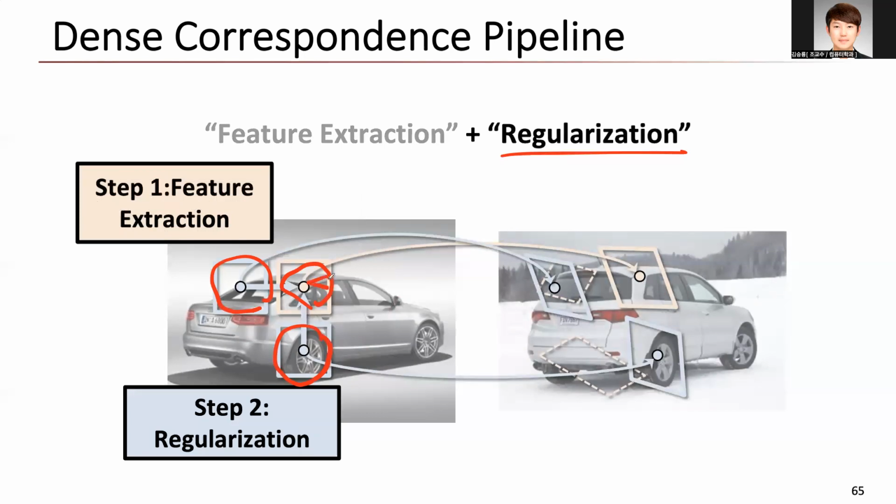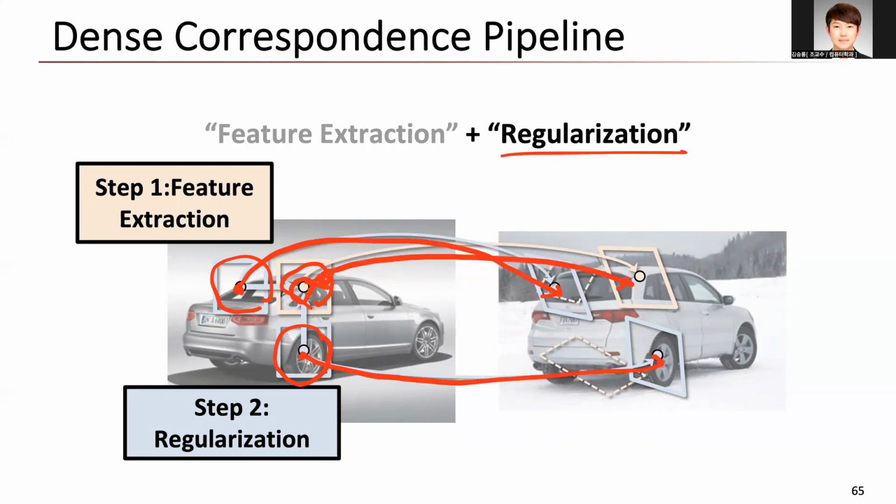If this point gives a match here, and this point matches there, then this point should be similar to the nearby pixel.